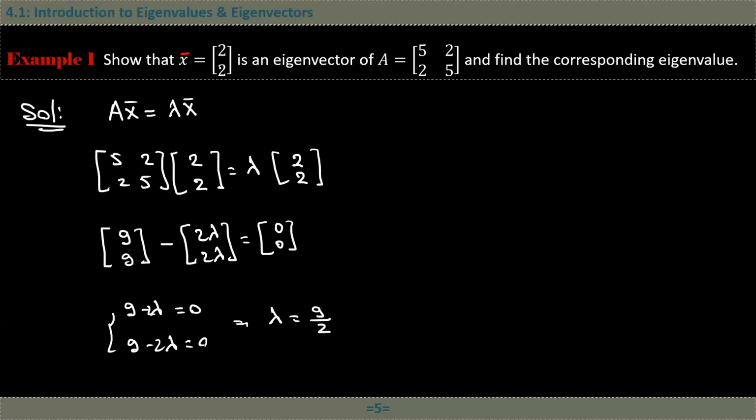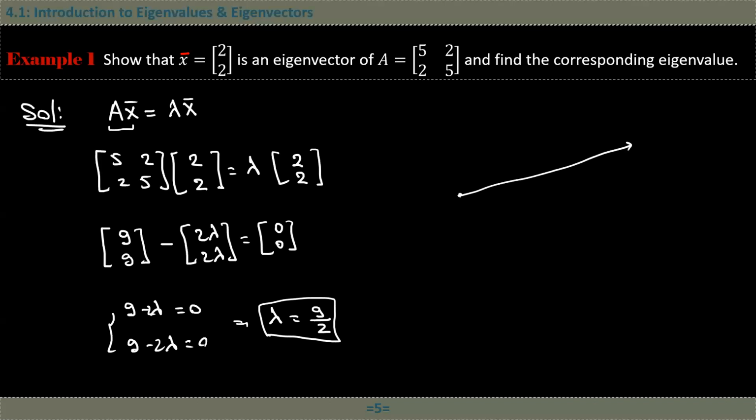So if this x is an eigenvector of this matrix, then its corresponding eigenvalue is 9 over 10. That means that actually, what's going on here? We know that multiplying a vector by a matrix is a linear transformation. So this transformation is simply transforming this x, a vector, not onto itself, but onto another parallel vector.